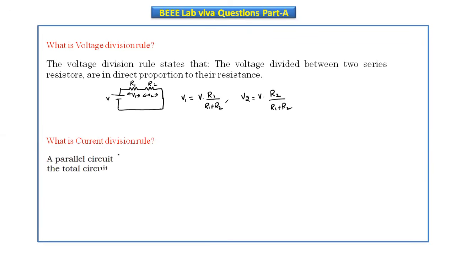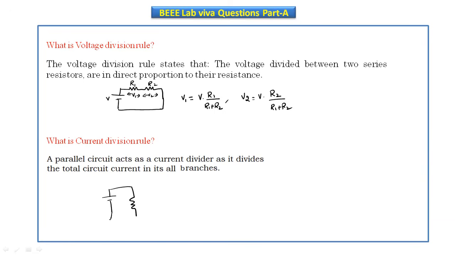Next, what is the current division rule? A parallel circuit acts as a current divider, as it divides the total circuit current among all its branches. The dividing currents we can find by using this law. Now we will take a sample circuit with two resistors connected in parallel.